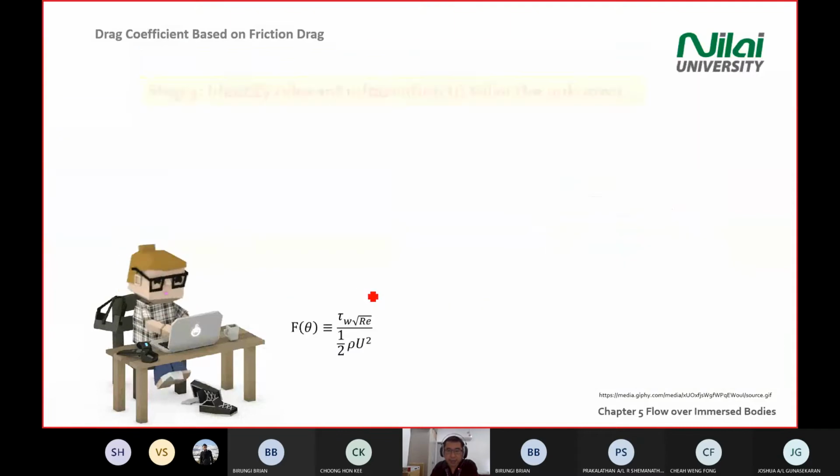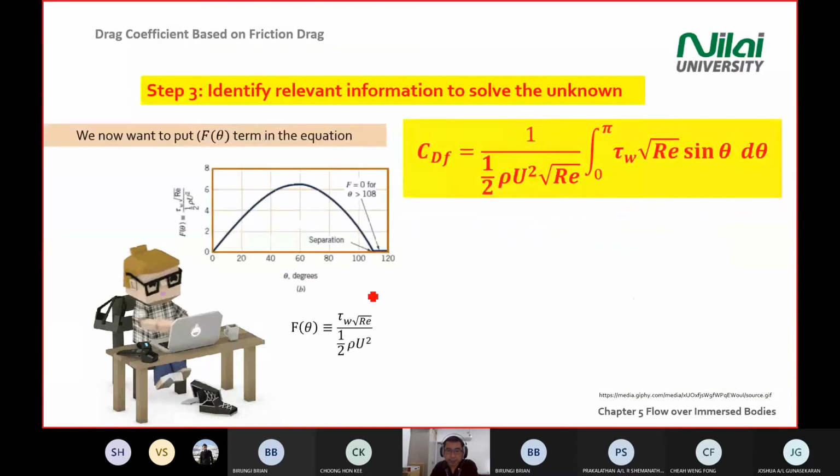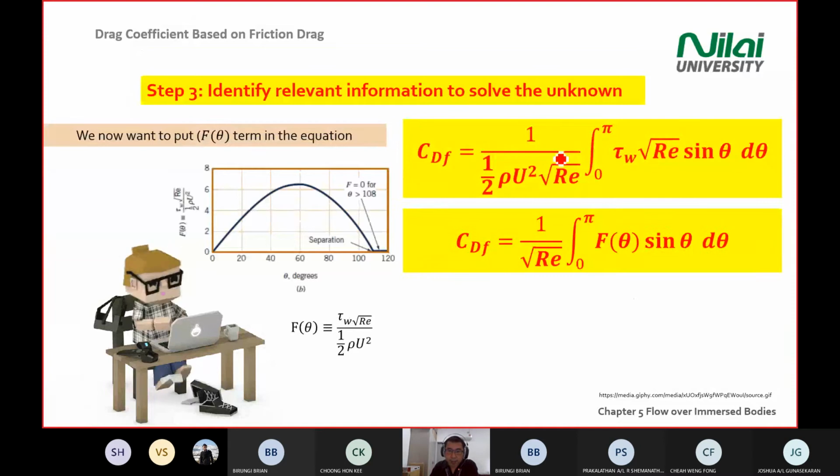Because you pull your half rho u square into the right hand side of the equation, the combination becomes f theta, integration from 0 to pi, and you get a CDF equation.